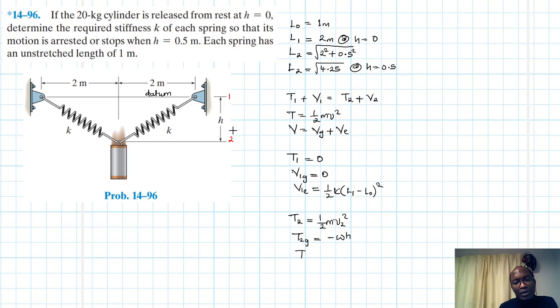Then V2E is equal to half K times L2 minus L0 squared, and here the springs are 2, so we have to multiply this by 2.